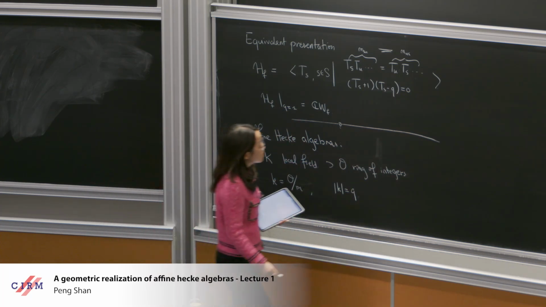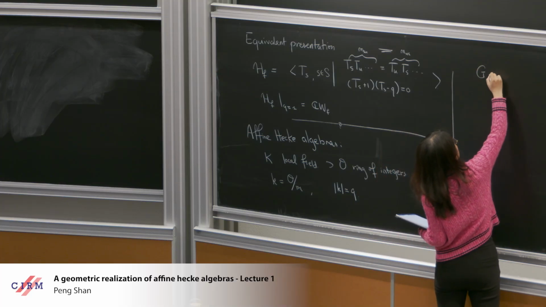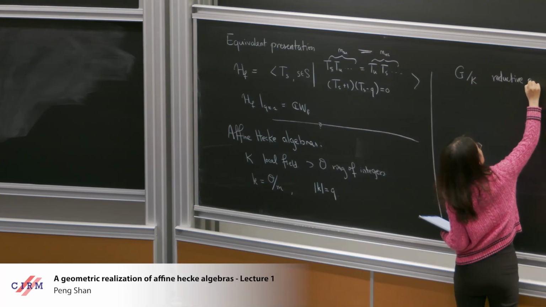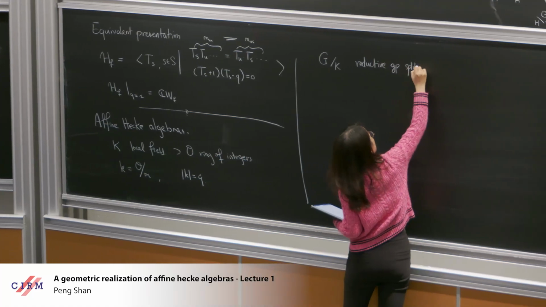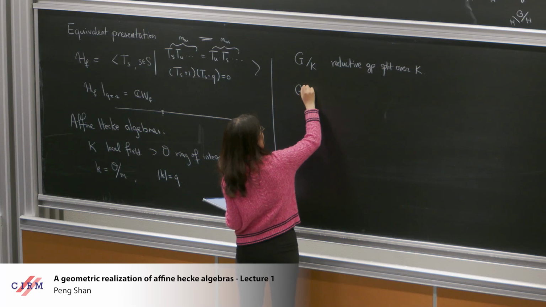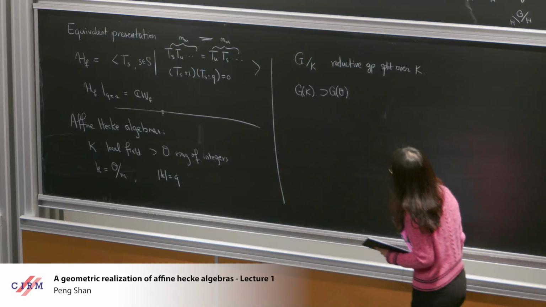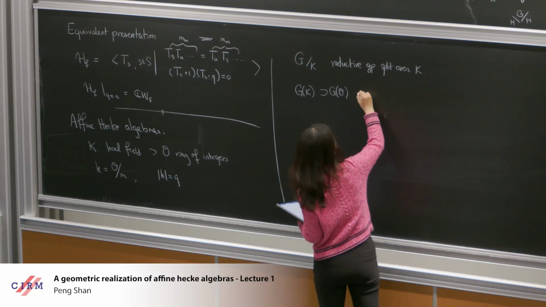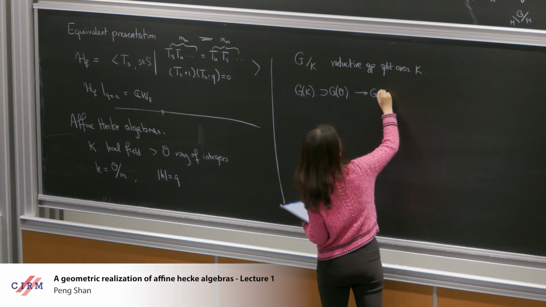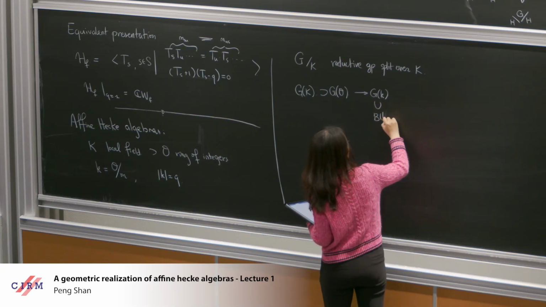Again I will fix a reductive group which is split over K. If I consider the K-points, it contains this maximal subgroup G of O. Applying the map from O to the residue field, I get to G of k, and there I had my Borel B of k.